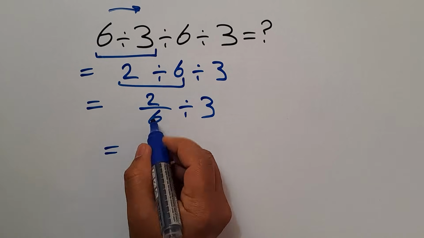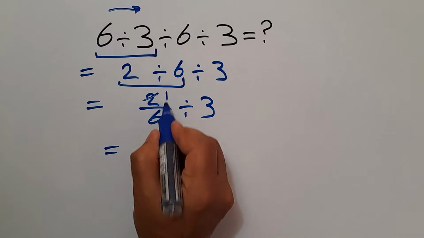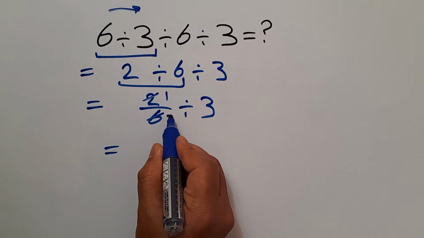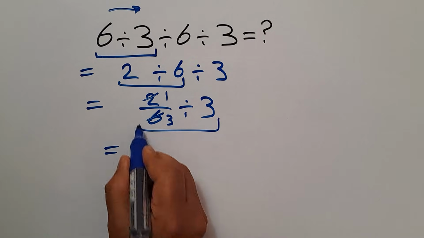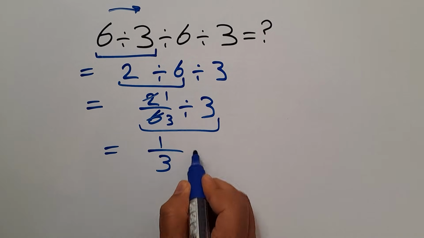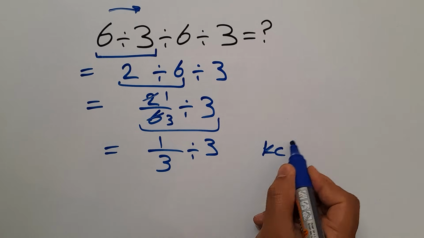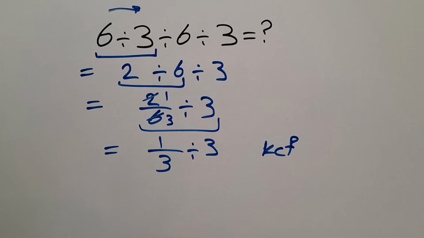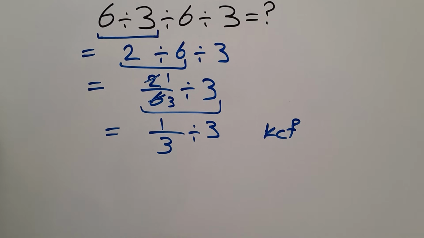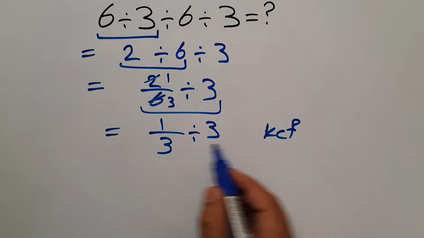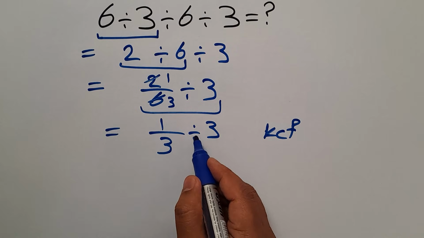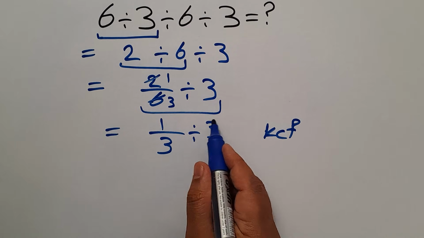Let's simplify this fraction. 2 divided by 2 equals 1 and 6 divided by 2 equals 3. So 1 over 3 and divided by 3. Now, according to the KCF rule, K stands for keep, C stands for change, and F stands for flip. Keep the first fraction, change division to multiplication, and flip the second fraction.